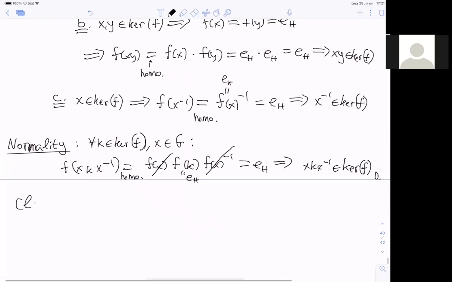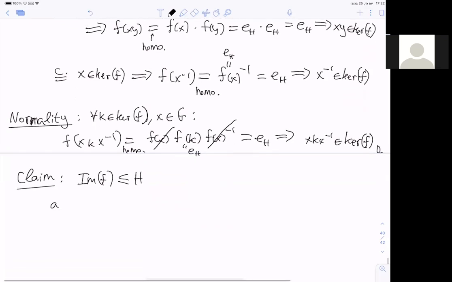The second claim says that the image is a subgroup of the target H. Okay, why is it true? So let us go over the conditions. Of course, f of e_G is e_H because it is a general property of any homomorphism.